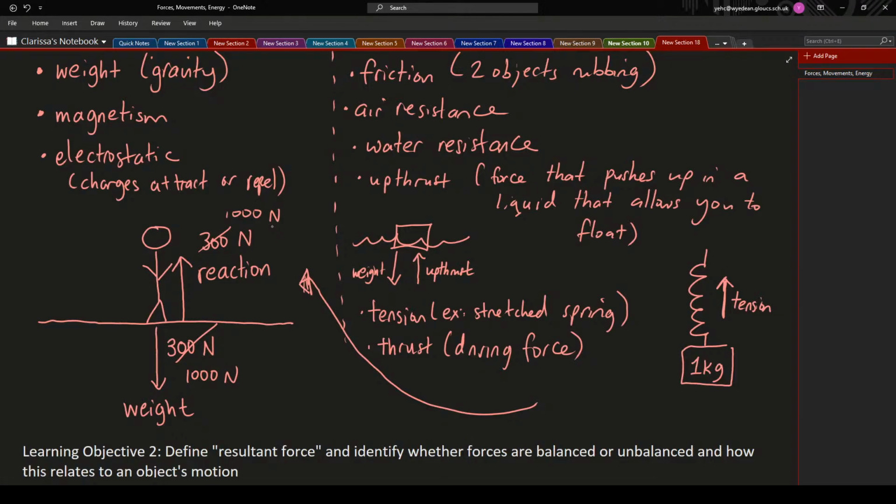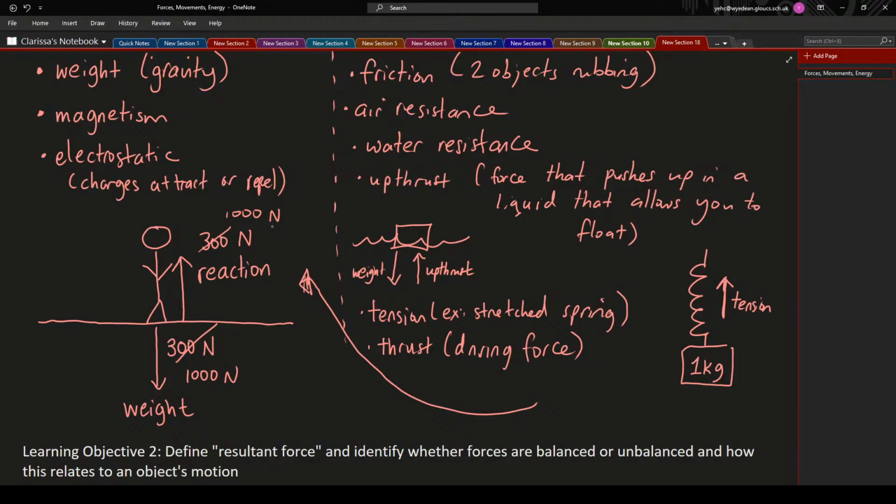Another way you can see reaction force, and don't hurt yourself doing it, and don't break any furniture doing it, is if you gently tap the table, you feel the force of the table on your hand at the same time as you are putting a force on the table. If you lightly tap it, you feel that force.